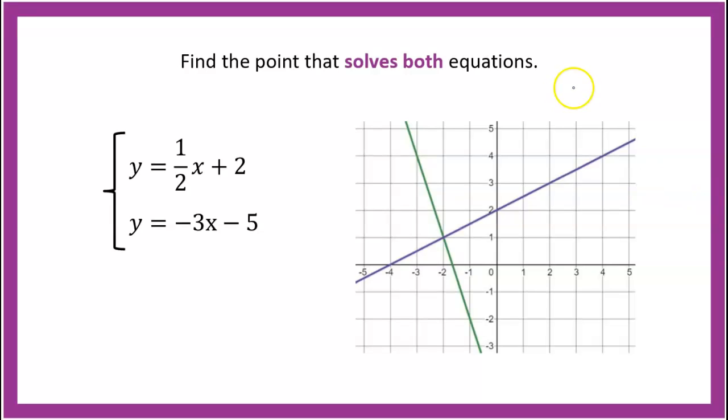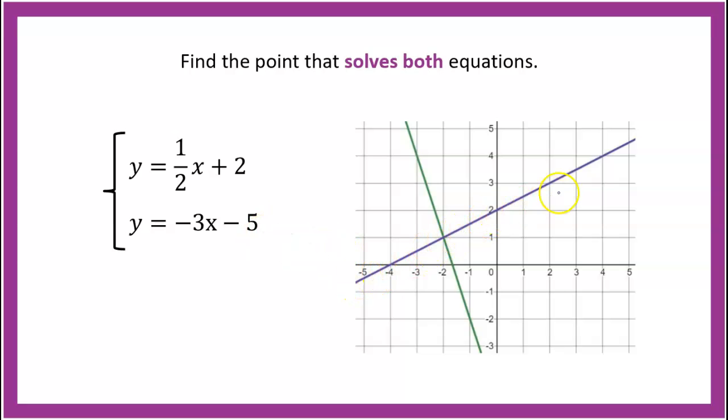So here we have an example of that. We have two equations in slope-intercept form. And these two lines graph those two equations. So this one is the purple line. You can see the slope is 1/2. And this one is the green line. The slope is -3. It's going down. So what point is a solution to both equations?